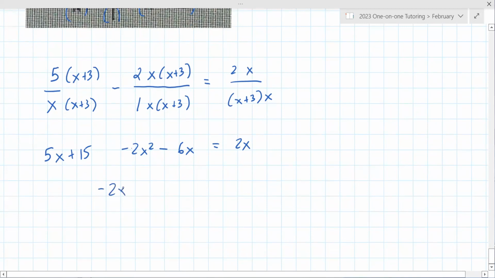So just for some clarity, it's 2x squared minus x plus 15 equals 2x. And then you will move everything right. So you're gonna end up getting 2x squared. When you add x, it's going to be 3x. Subtract 15.